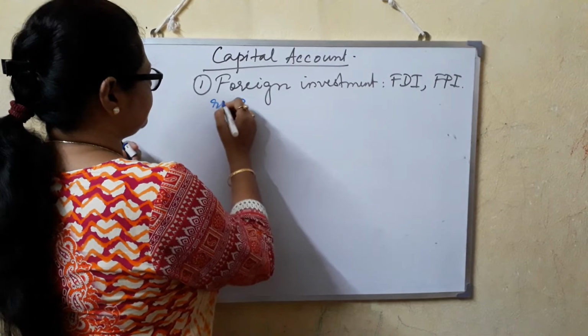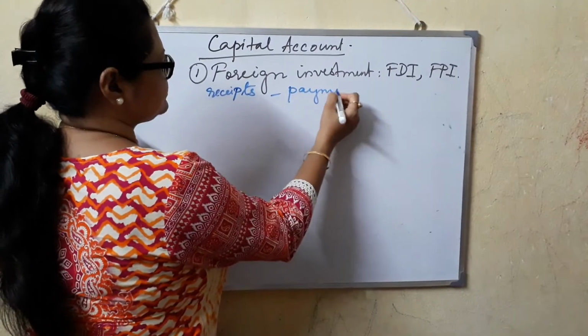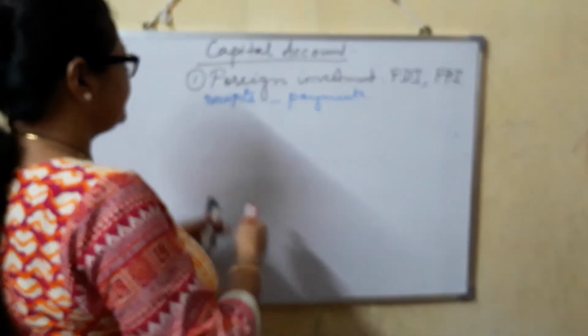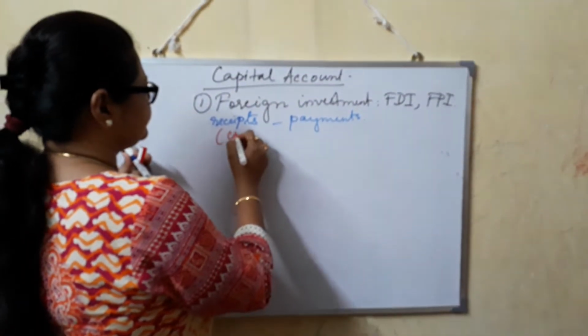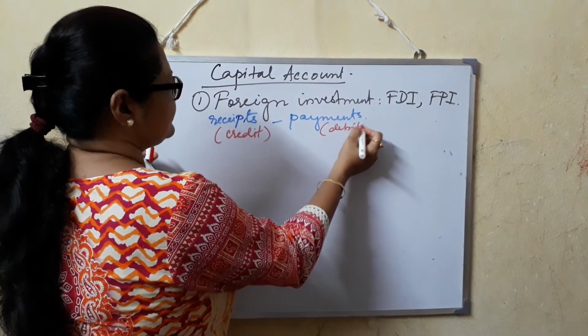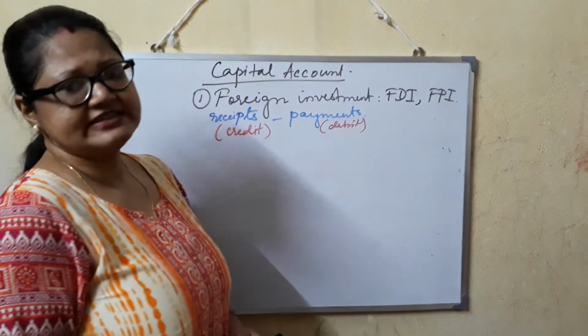Receipts minus payments, same as the previous one we have seen: receipts fall under credit side and payments fall under debit side. So this is the first component.